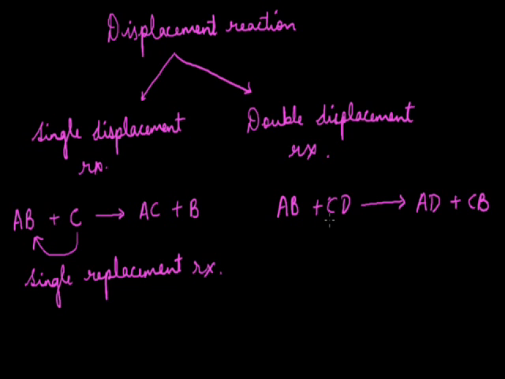We see here C is displacing A, and at the same time A is taking the place of C. So this type of reaction in which the ions or atoms are taking the place of one another is known as double displacement reaction or double replacement reaction.